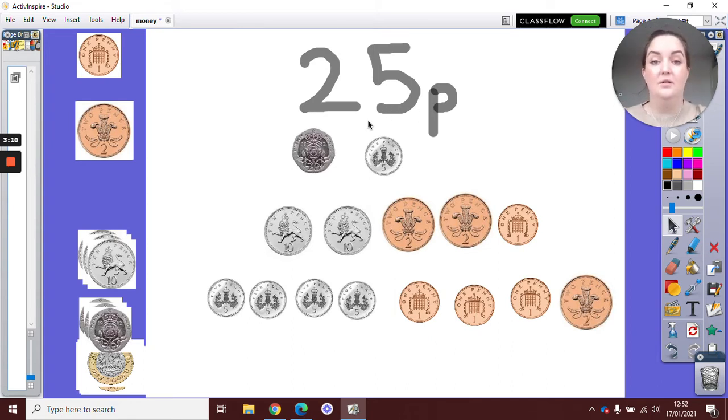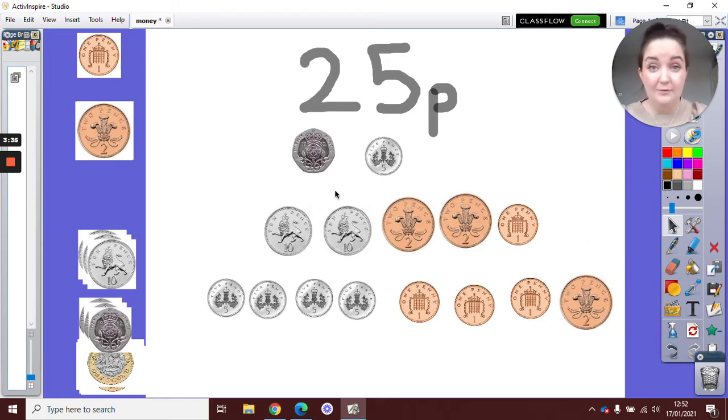So let's go back through. 25, I'm using my partitioning skills, remember. 20 and a 5p. If I didn't have those in my purse, I could also use 10, add 10, remember it's 20, add a 2 is 22, add another 2 is 24, add 1, 25. That also makes 25.